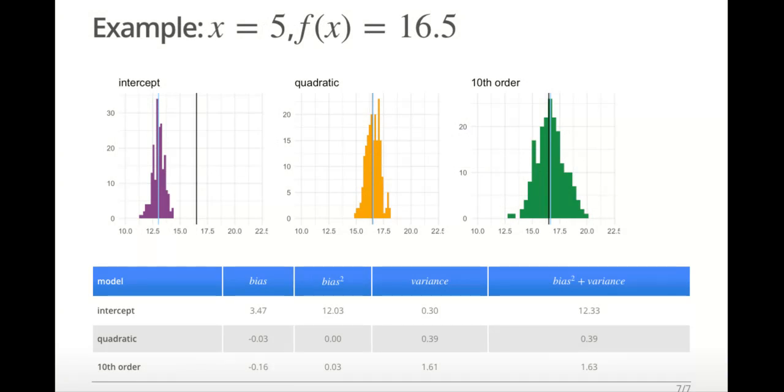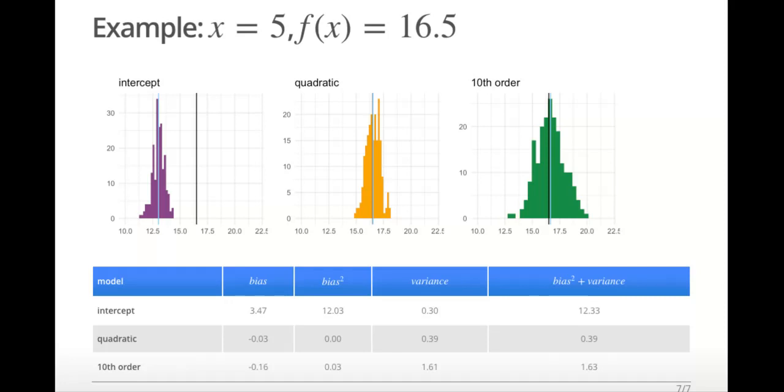Here we dig in deeper to a specific value of x equals 5. The histograms show the distribution of the f hat of 5, that is, the estimated function evaluated at x equals 5. Taking the variance of these values gives the variance of f hat of 5, the variance of the estimated function evaluated at 5.